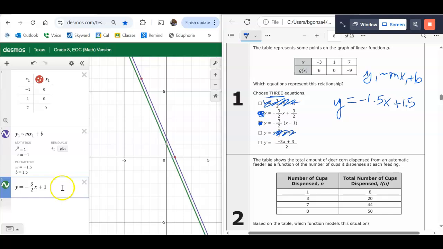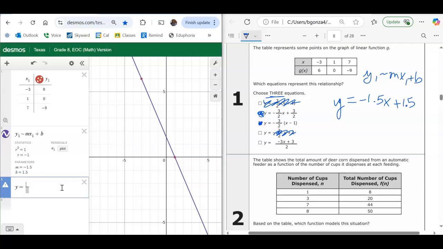Of course, process of elimination would tell us the last one works, but let's make sure. Negative 3x plus 3 over 2, it is correct. Everybody, does that make sense? You type in the table, y1 squiggle mx1 plus b, and then try typing in your answer choices to see which one matches the line, okay?